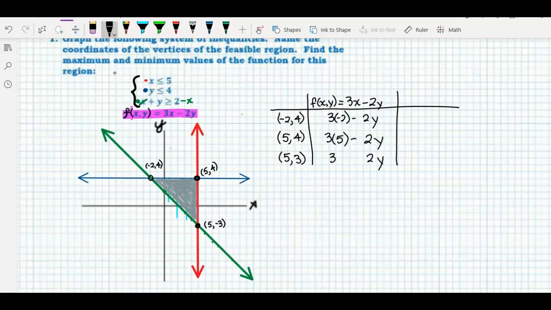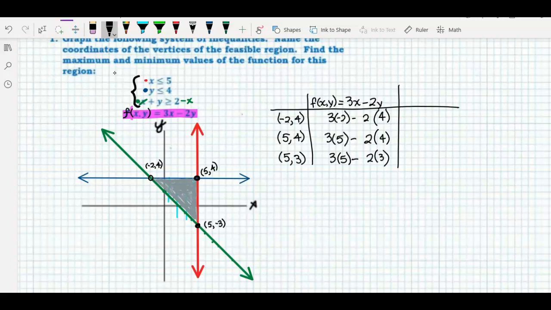Take out x. Replace it with what x equals, and then I'll do the same with the y values. Take out y, and replace it with what y equals. In this case, it's 4, 4, and 3.